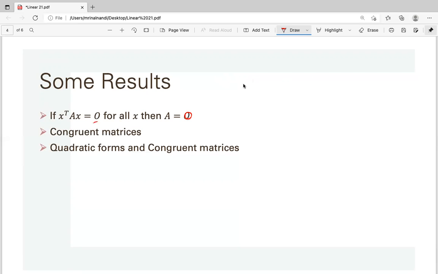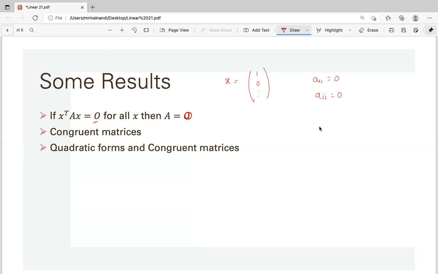How do you prove it? If you take x as, say, 1 0 0 0, then you will get a11 is 0, and similarly you find all ai are 0.